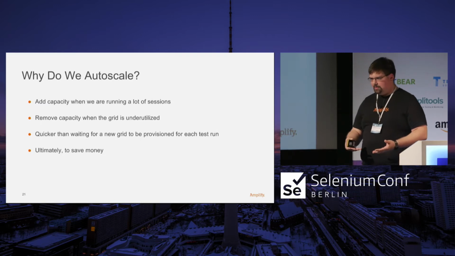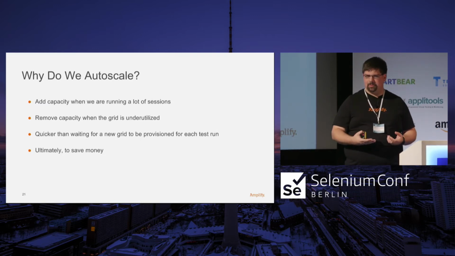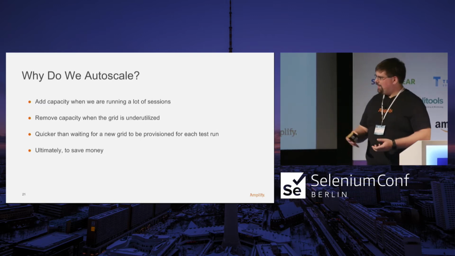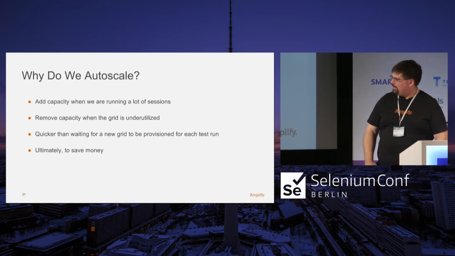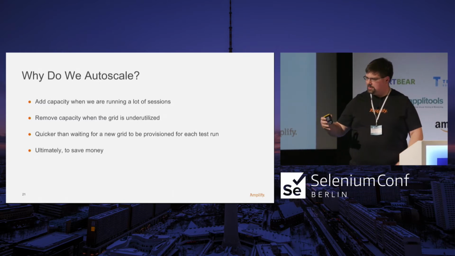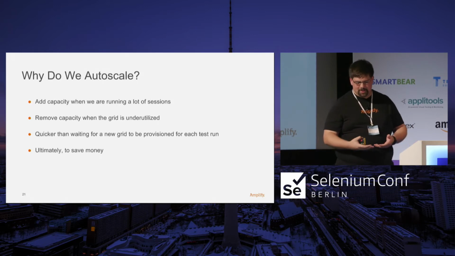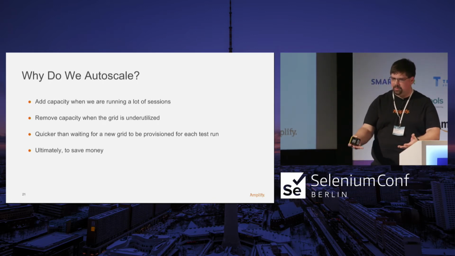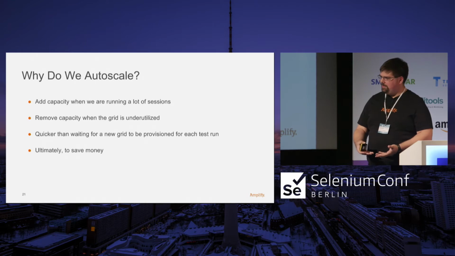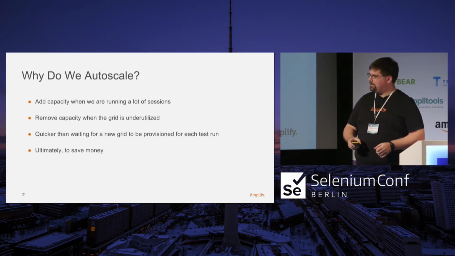That seemed like a great recipe for making your developers not want to run tests. So we decided not to do that. Ultimately, this is to save money, and not just on the actual resource cost of having a grid, but also on the cost of having a developer twiddle his thumbs and wait for things.